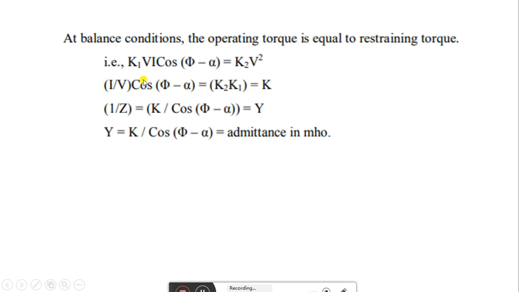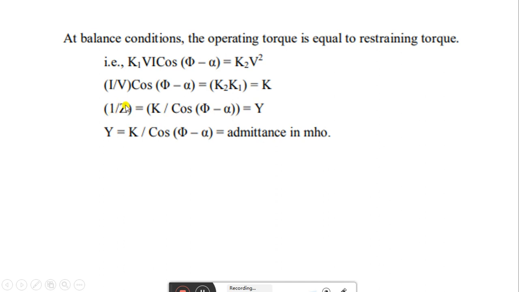or we can write here, that is I by V, that is 1 by Z. 1 by Z equals K upon cos(phi minus alpha) equals Y. Y is nothing but the admittance. Why is it written?